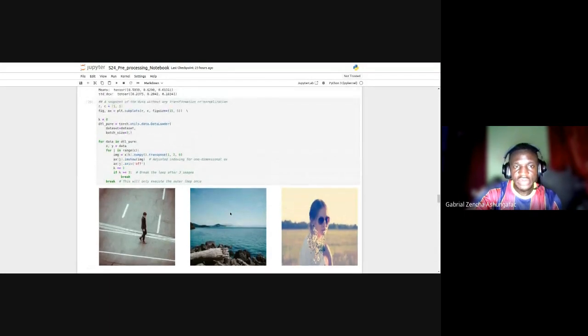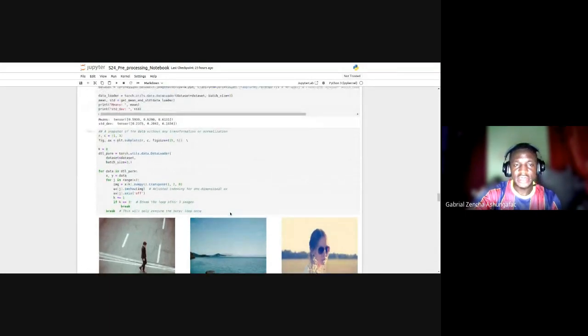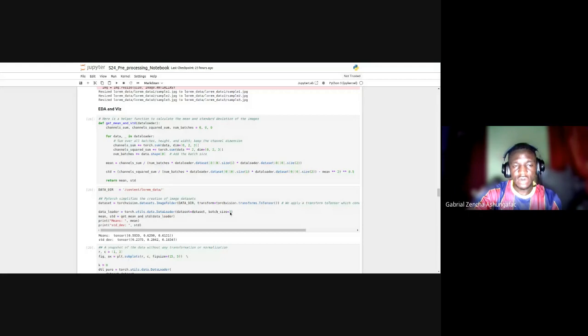So after visualizing the images, the first of the transformations which we will do is normalization. In order to normalize, we need to calculate the mean and standard deviation of each of the channels in the RGB, since we're dealing with RGB images. So here is a helper code which helps you to calculate that.